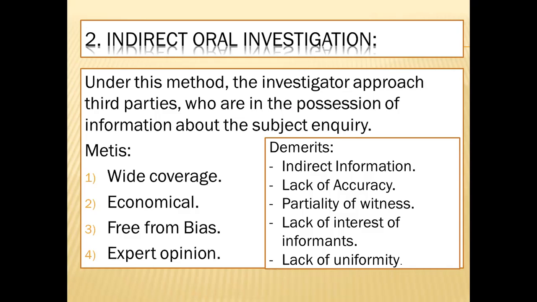So indirect information and lack of accuracy, partiality of the witness, then lack of interest of the informant, and lack of information also. So this is the merits and demerits of the second method, indirect oral investigation.